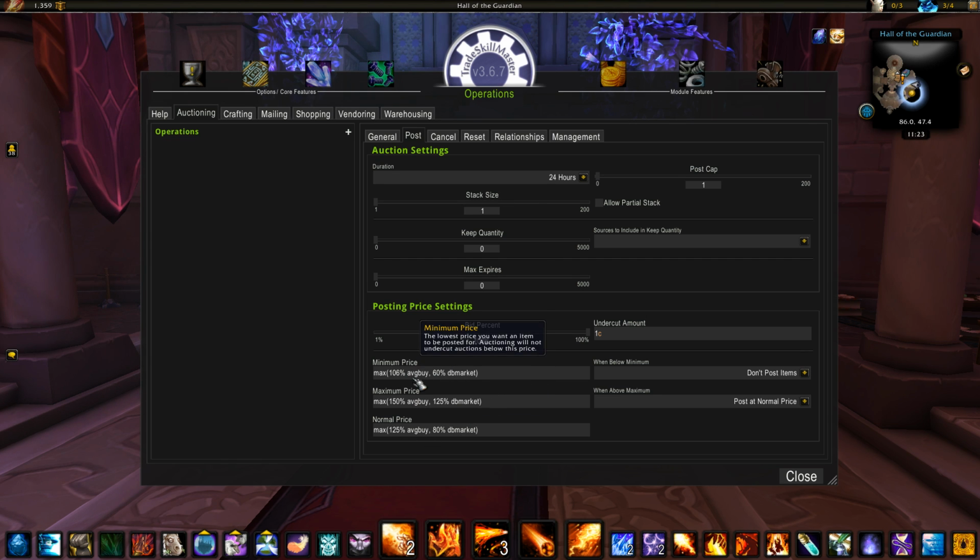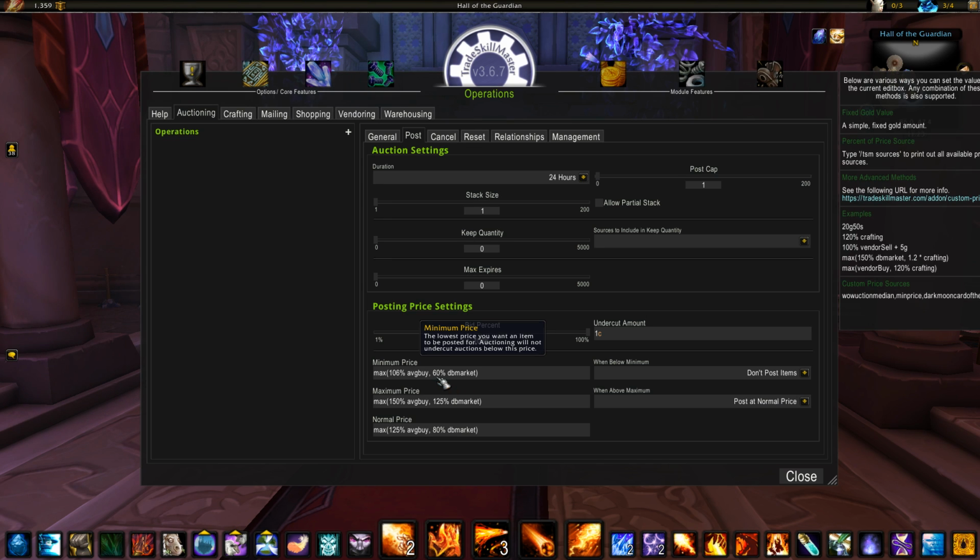Because this is the way it is, it ends up being a protective function. This average buy is a protective function. TSM is always going to use this average buy price as the maximum price, unless the number for DB market is higher than 106% of average buy, meaning you're never going to sell anything for less than what you bought it for, taking into account your auction house cut.